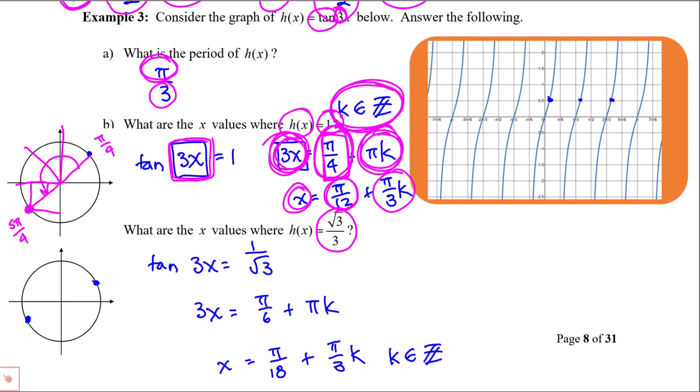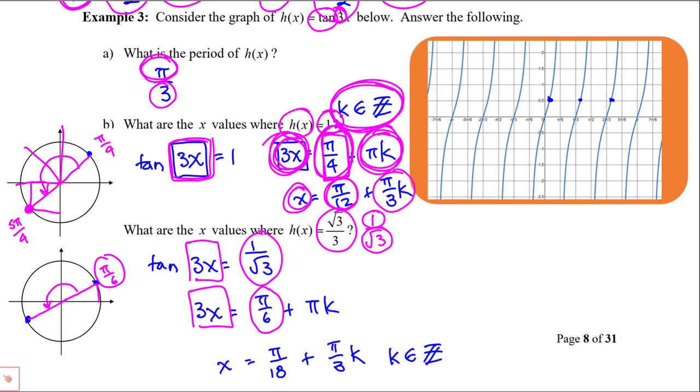Root 3 over 3, that must have come from 1 over root 3. That means the y is 1 and the x is root 3. So the y is the small one and the x is the big one. That's the pi over 6, the small angle. And the one over here is pi away from that. So then this position, that angle, to give me this tangent value, that position must be that pi over 6.